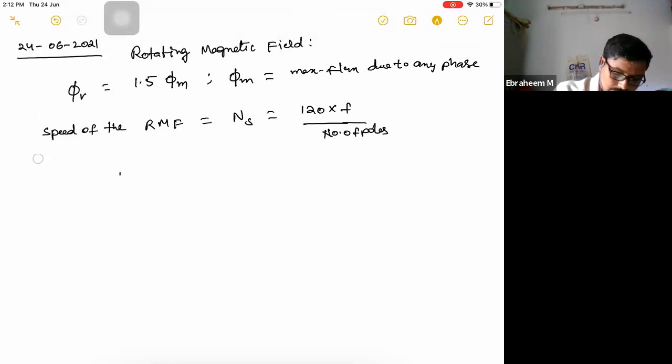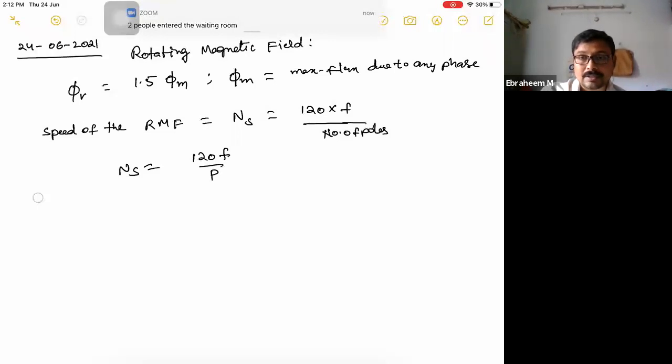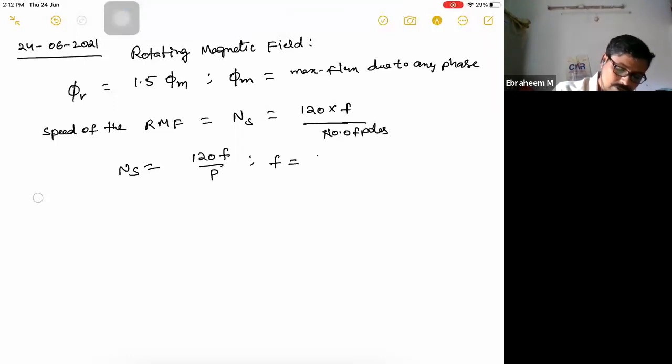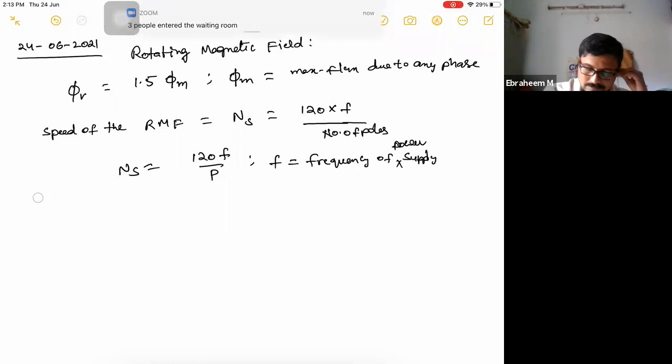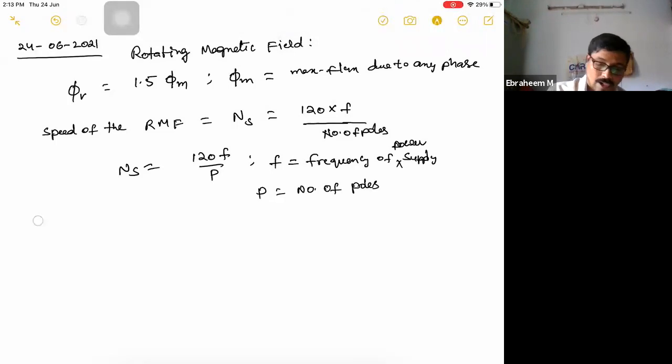So ns is equal to 120 f by p, where f is the frequency of the supply or power supply, and p is the number of poles.